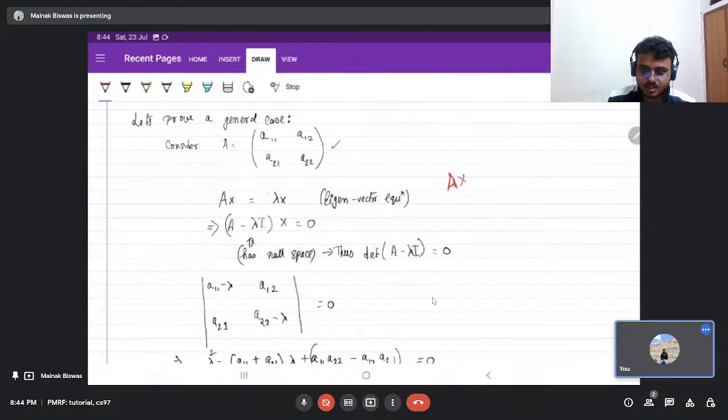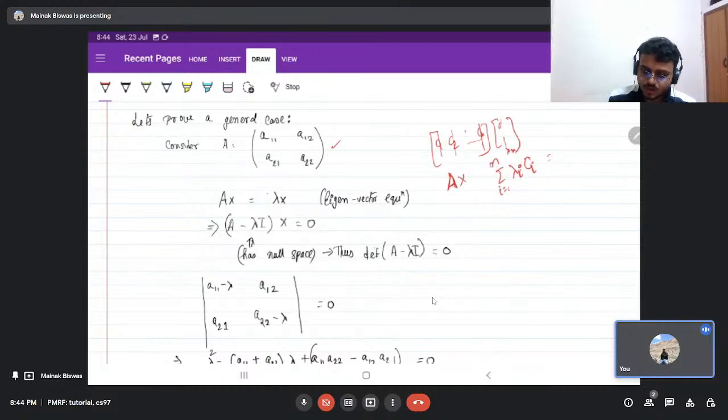You have some columns c1, c2, up to cn, and lambda 1 up to lambda n, and this is only for a square matrix.